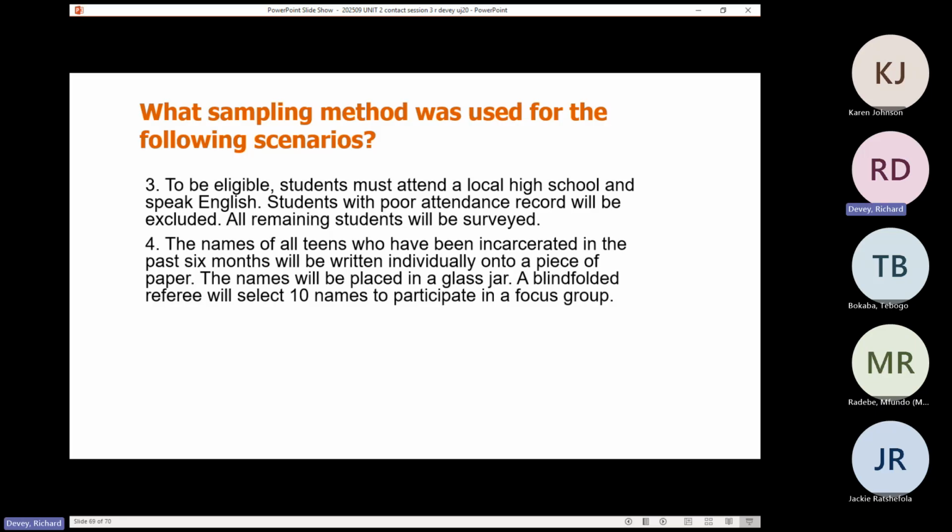Okay, so just be aware of this idea that if your population is defined in that way, and you're including all the units in the population in your study, it would be called a census or a total sample. There's no real sampling happening here.